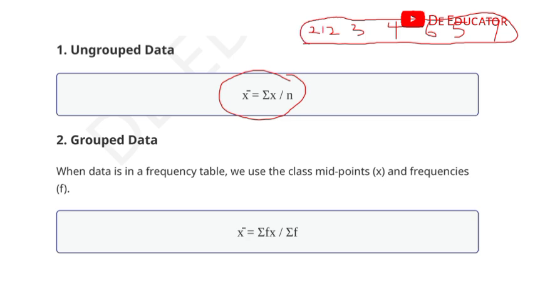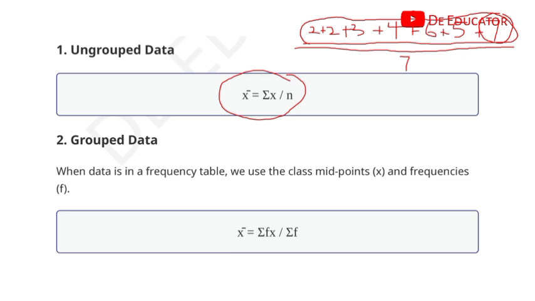What I need to do is add all of these: 2 plus 2 plus 3 plus 3 plus 4 plus 6 plus 6 plus 5 plus 7, and divide by the number of values. What is the number of values? 1, 2, 3, 4, 5, 6, 7. It is 7. Please, it is not this 7 here that I'm using; it is the total number of values, 7. So we add everything up and divide by 7. That is the mean for ungrouped data.